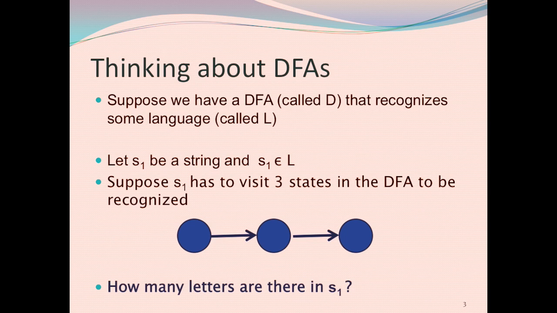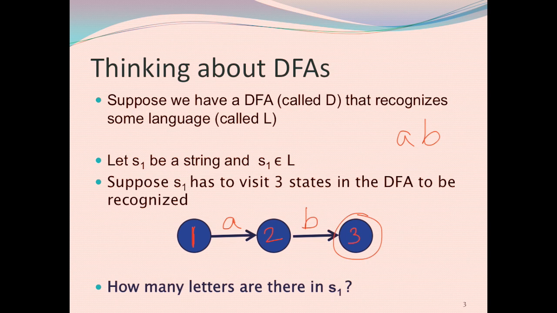And my question is, how many letters are in S1 if I have to visit 1, 2, 3 states? If you think about it for a minute, I hope you'll figure out that there's going to be 2 letters in S1, right? So for example, maybe S1 is the string AB, and I start at, maybe this is state 1, and I see an A, and this is state 2, and I see a B, and then I end up at state 3, which actually should have a double circle.